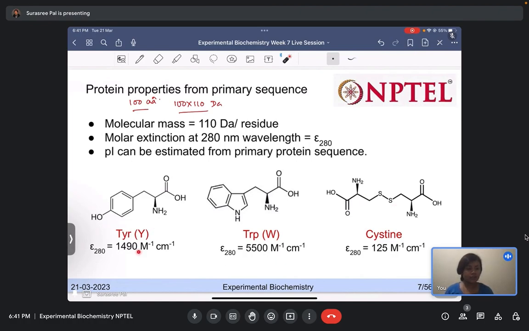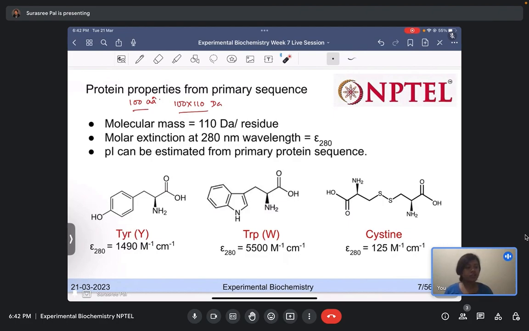Tyrosine is an aromatic amino acid, and its molar extinction coefficient is 1490 mole inverse centimeter inverse, and tryptophan has the highest molar extinction coefficient, which is 5500 mole inverse centimeter inverse.